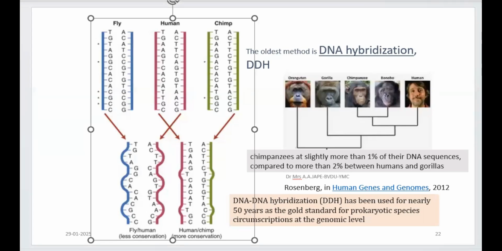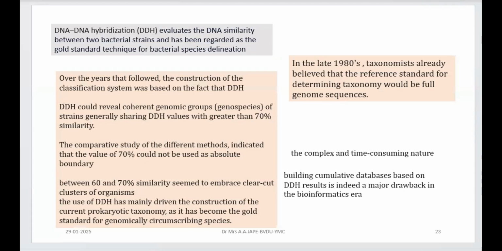In addition to that, when it comes to DNA hybridization, though it was followed for years together to construct the classification system, the genomic groups, genospecies of strains which share more than 70% similarity were put together. But of course, the very first point is the comparative study of different methods.